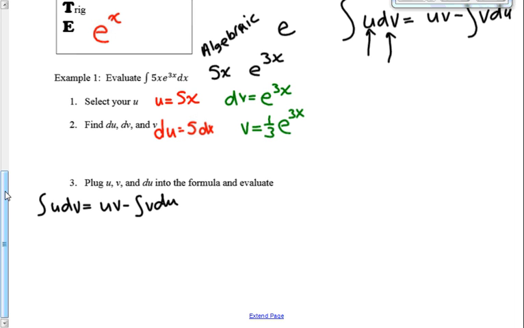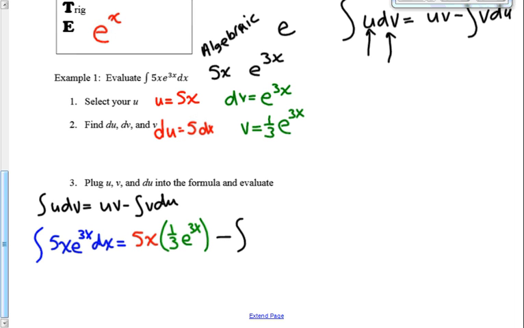My initial problem was the integral of 5x e to the 3x times dx, which is equal to, now I'm going to plug in u, which is 5x, times my v, which was 1/3 e to the 3x, and I'm going to subtract the antiderivative of my v, again 1/3 e to the 3x, times my du, which is 5 dx.